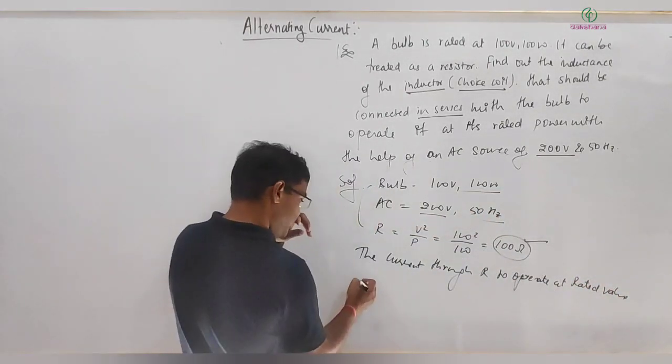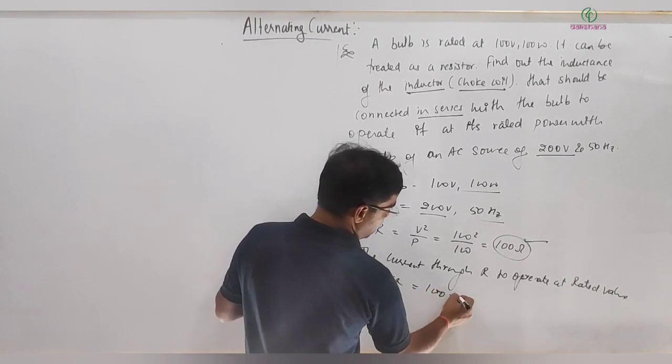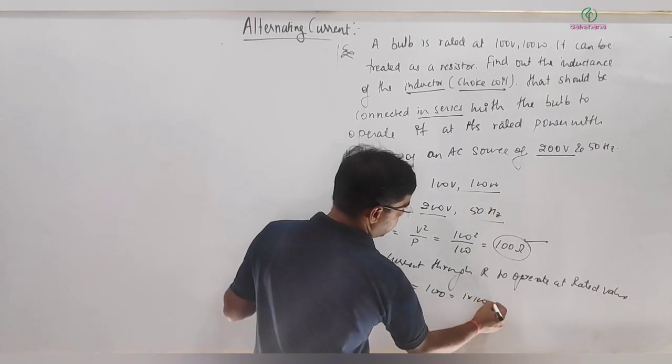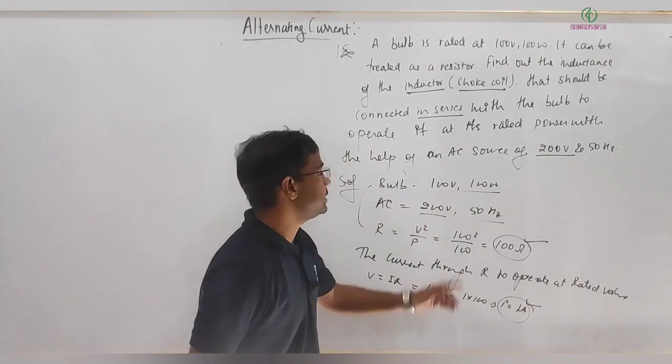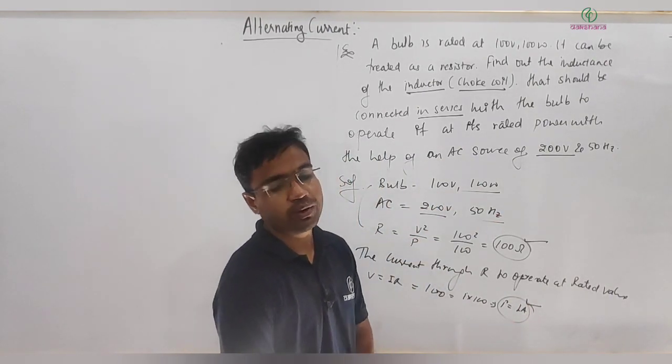So I can write V is equal to I into R. V is 100, R is also 100. This implies I is 1 ampere. So if you want to operate it at this rated voltage and rated power, then the current through it should be 1 ampere.